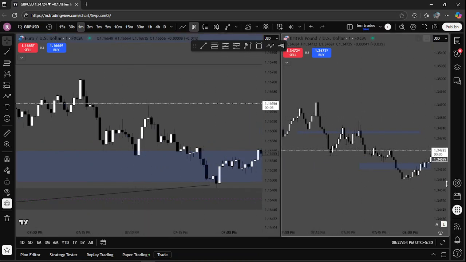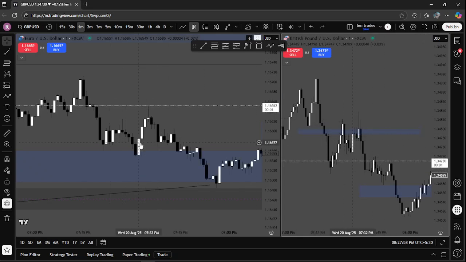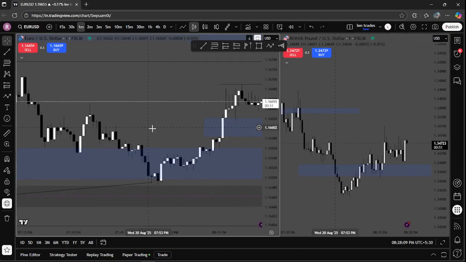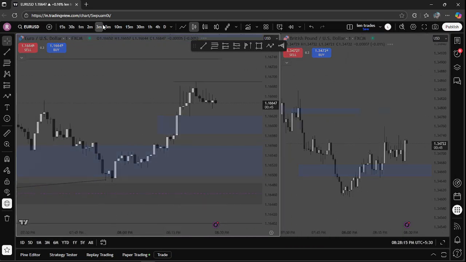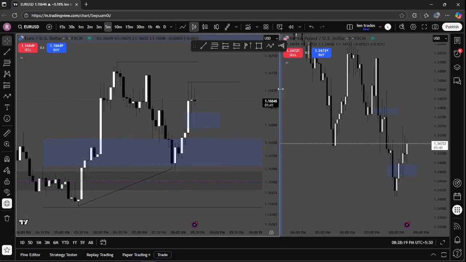Seems like there is nothing going on here as well, although you're breaking. Then you come here, I also don't see the 5 minute fair value gap getting run through over here. So maybe I waited and that's not bad actually. Okay, I guess we should just wait and watch.